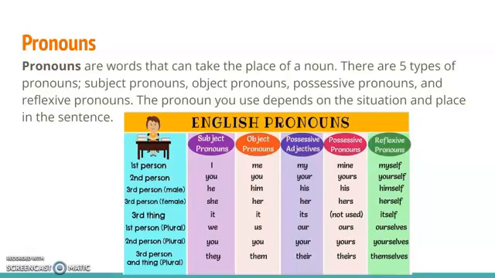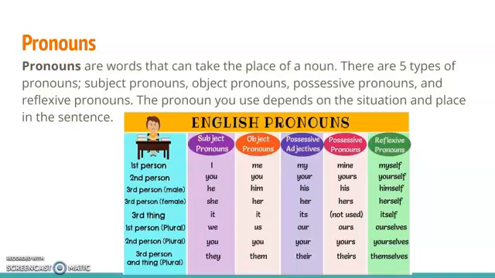So we've got subject pronouns, so things like I, you, he, she, it, we, you, and they. Object pronouns: me, you, him, her. Possessive adjectives: my, your, his, her, its, our, your, and their.